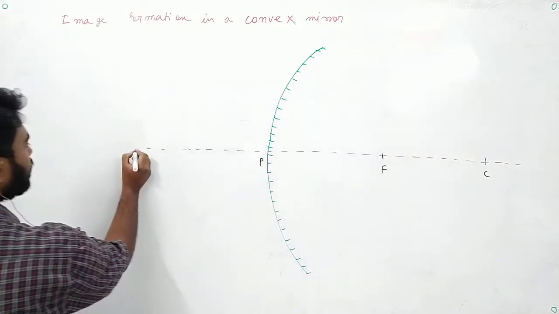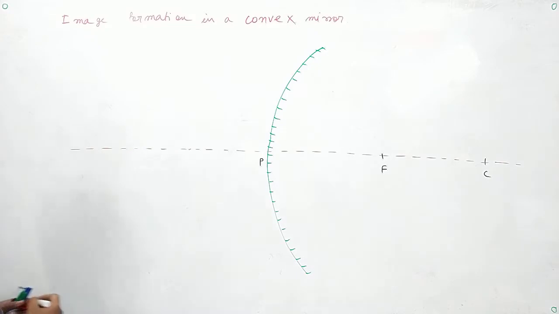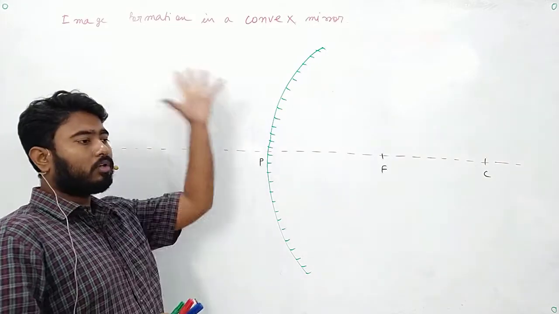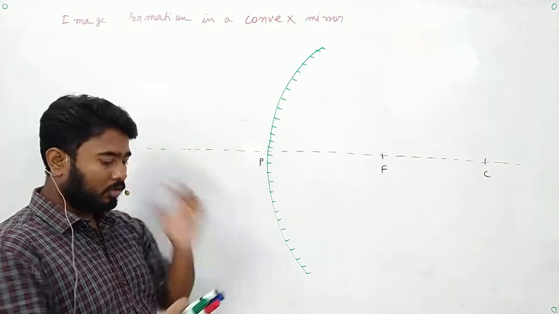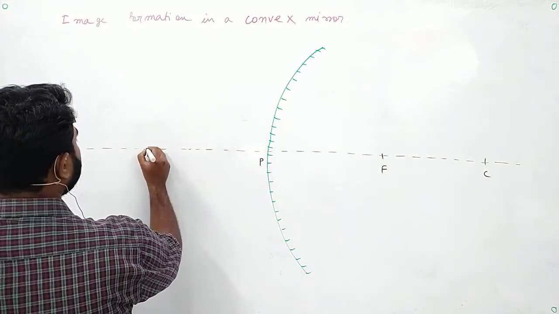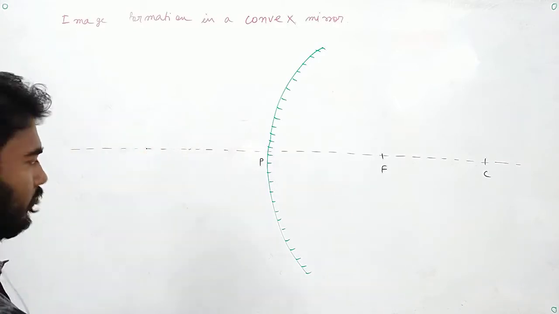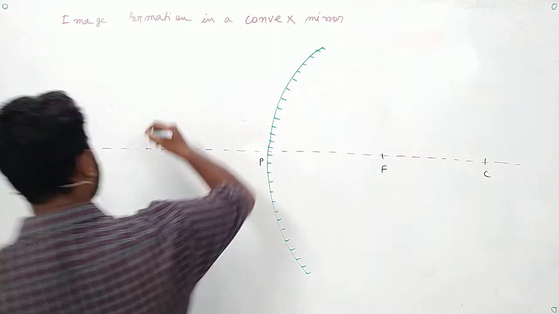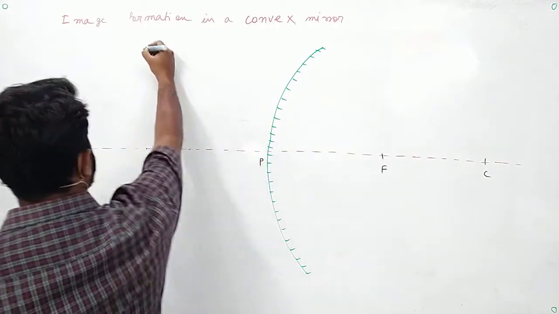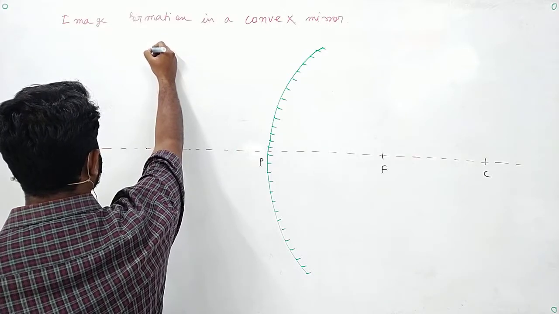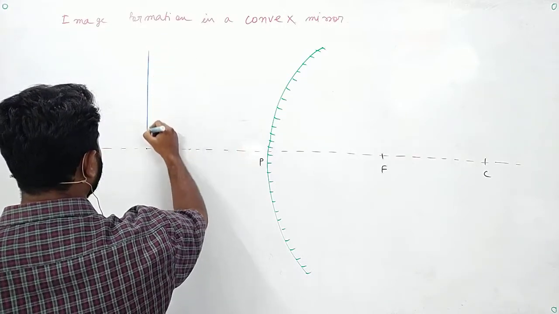Now what is magical in this is that we can take the object anywhere in front of the mirror. Suppose I am taking the object here. Let me draw the object first.